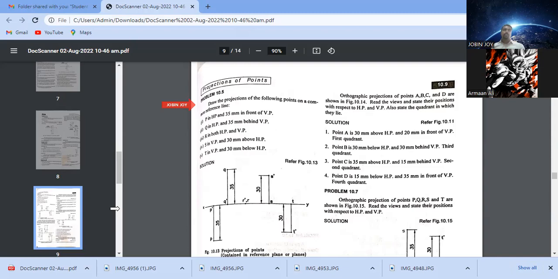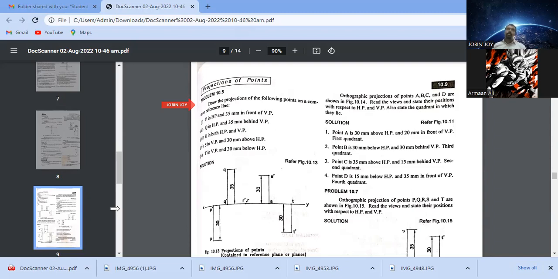First, number 1. Point P is in HP and 35 mm in front of VP.